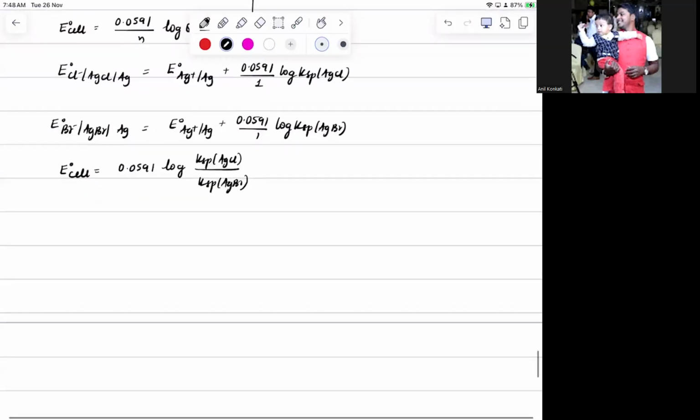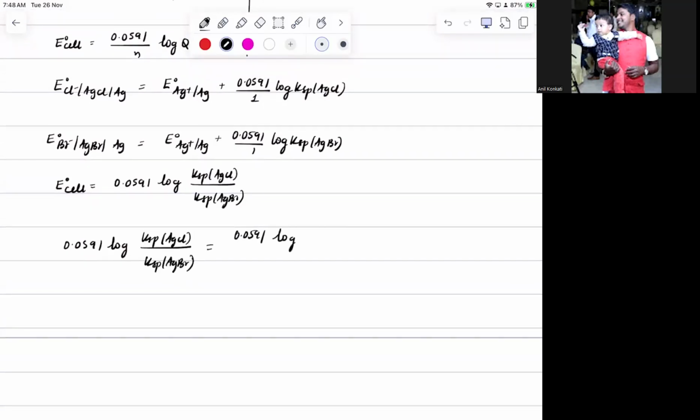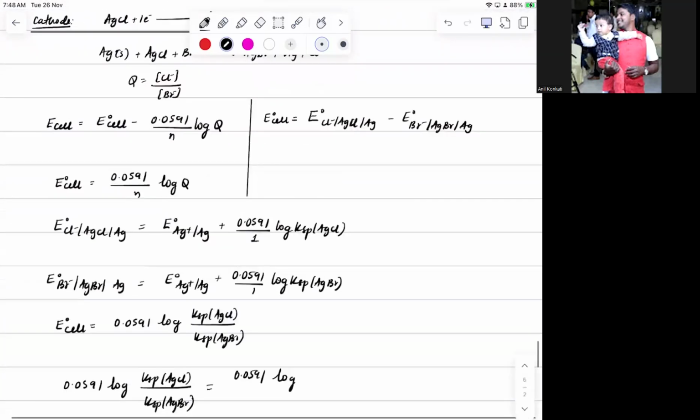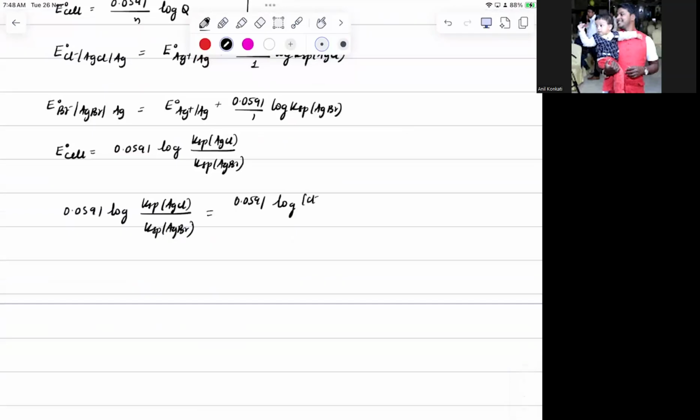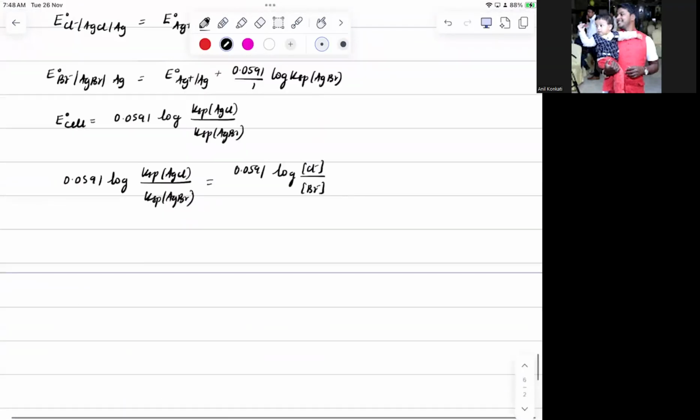If we back substitute, E naught cell is equal to 0.0591 by 1 log of Q. Q is what? Q is Cl minus concentration divided by Br minus concentration. Correct? This is the Q value.